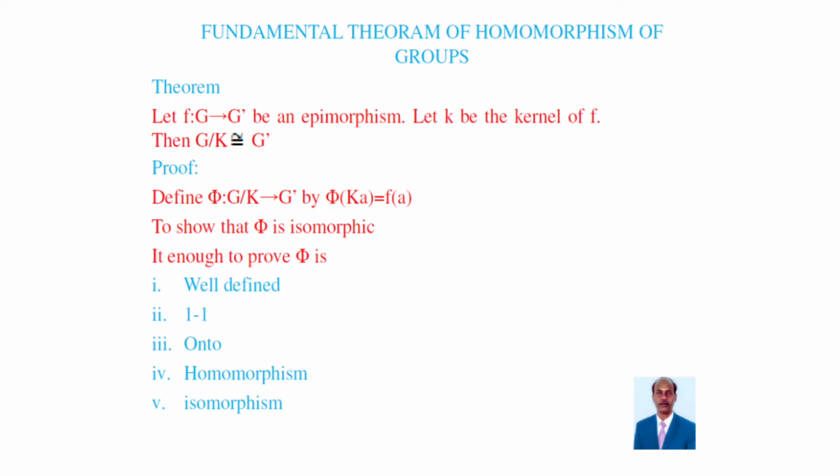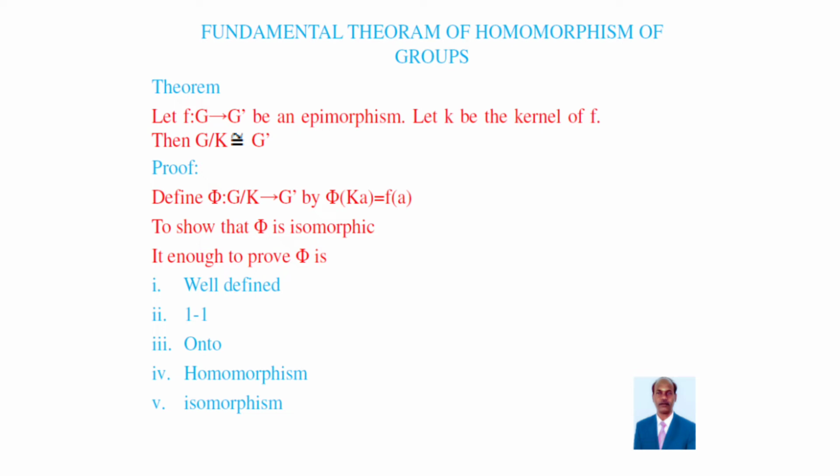First we are going to define the function pi from the quotient group G modulo K to G' by pi of Ka equal to f of a. We want to show that pi is an isomorphism.